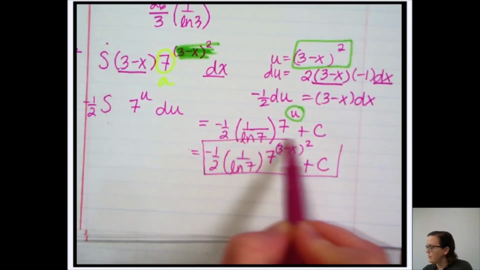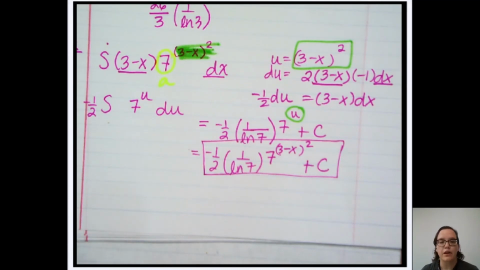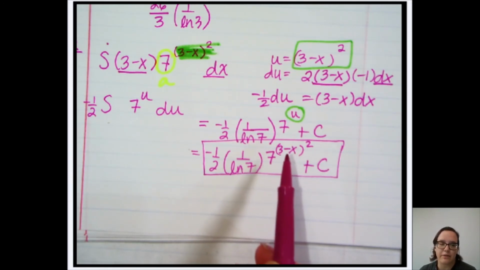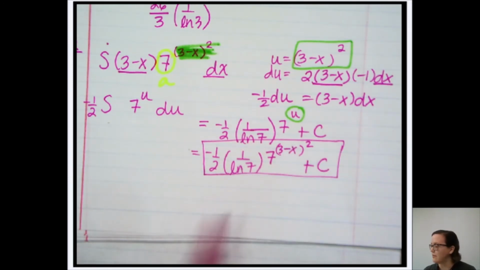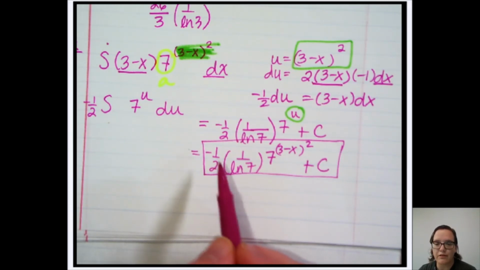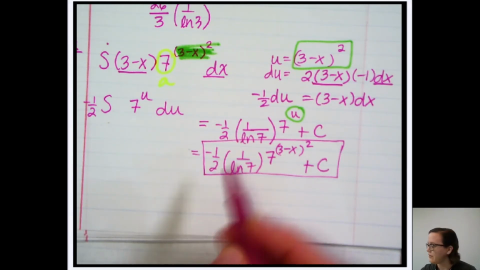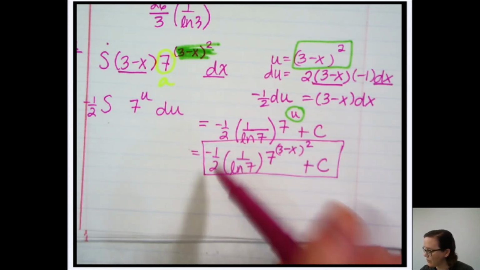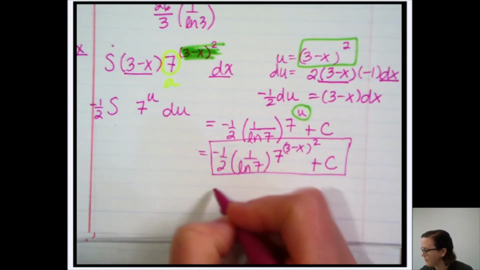There are a couple different ways you might see this written, and this is perfectly fine. Some people would change that to x minus 3, which is not going to matter because if you square that, you'll get the same thing. What else? This -1/2: do you remember your logarithmic properties, what you can do when you have a number in front? It's actually a power, so this could also be written with a negative.